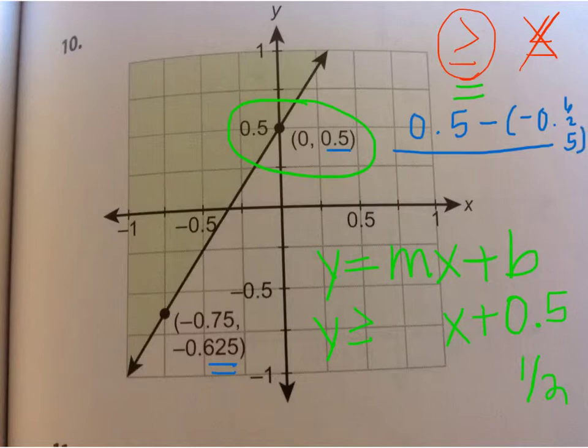Excuse me for running out of room there. And then for the x, we would have 0 minus negative 0.75.